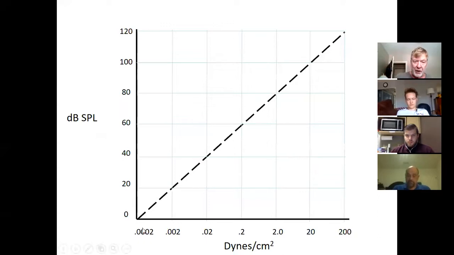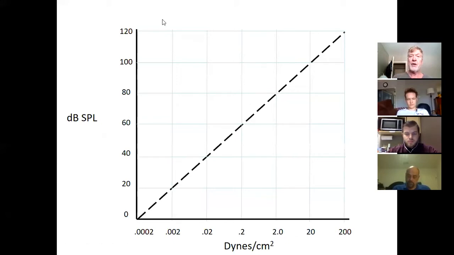So from just barely audible pressure to pain pressure, well, that range is so big that we have to have a way to shrink it down. And that's why we do use logarithms of pressure to define decibels.